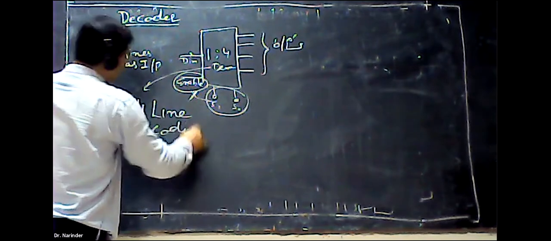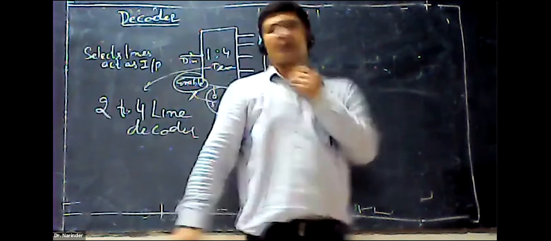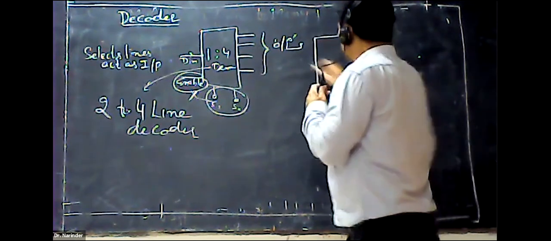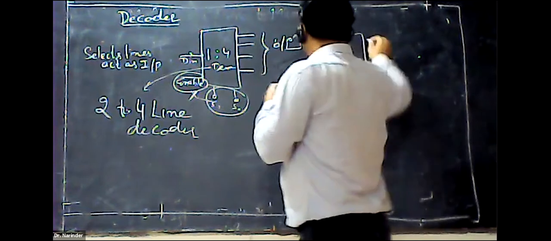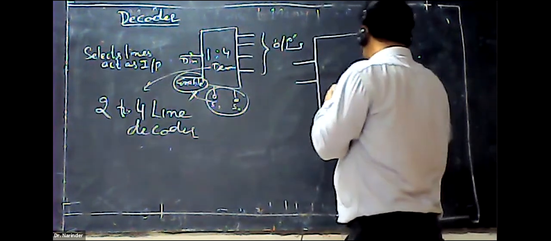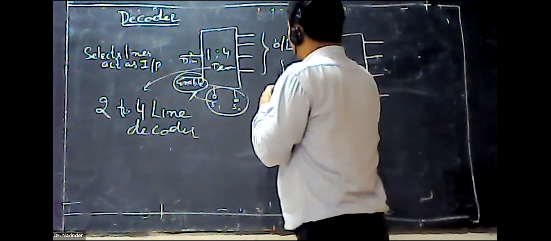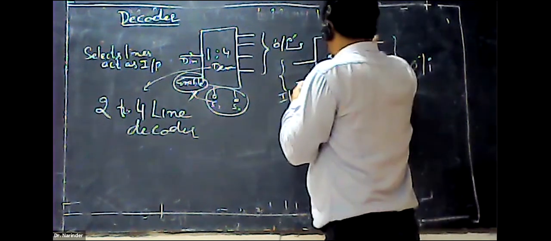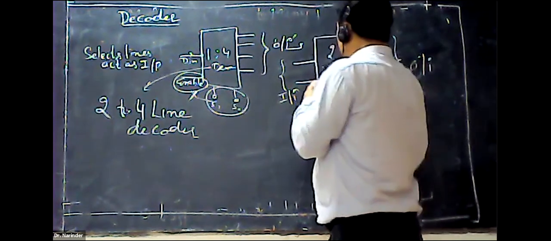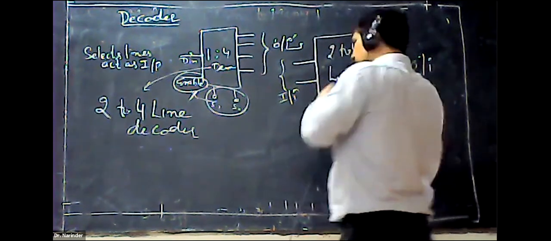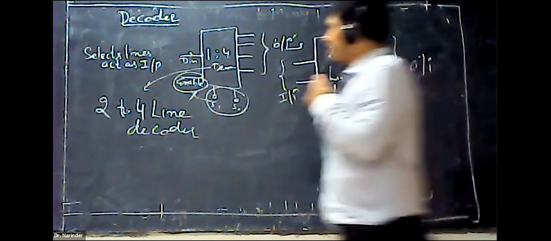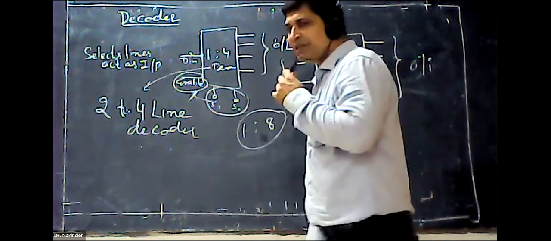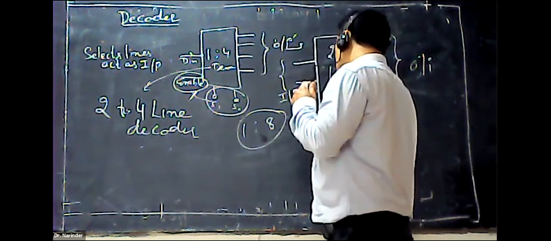If I have to write its block diagram, there are inputs and outputs: this is the input, this is the output, a 2 to 4 line decoder. Similarly, if there is a 1:8 demux, its equivalent decoder will be 3 to 8 line.